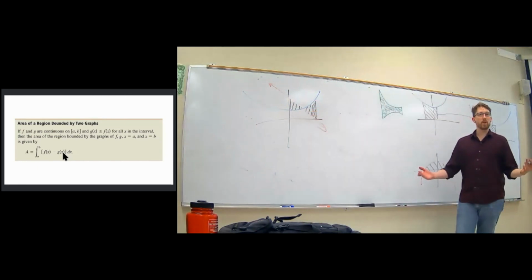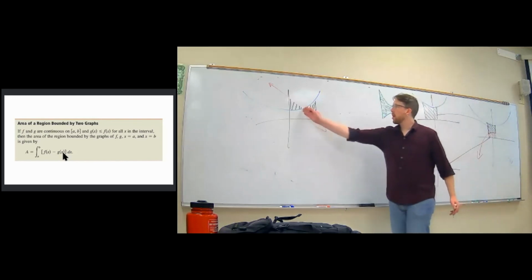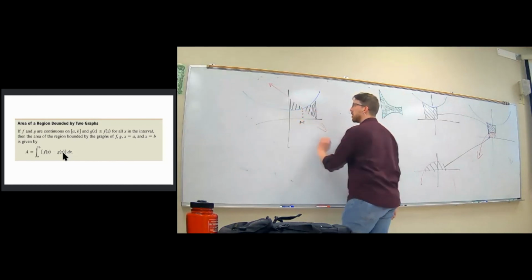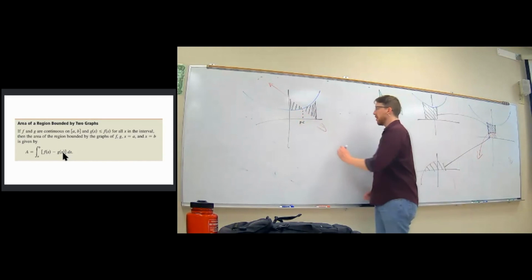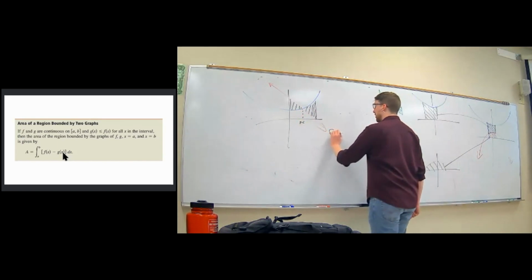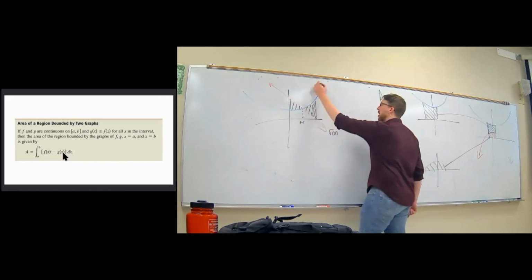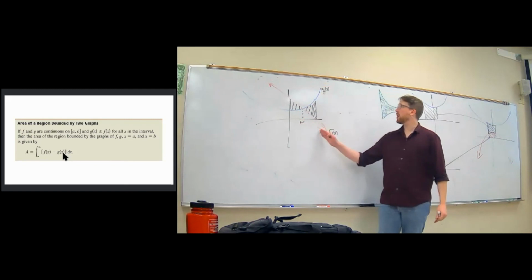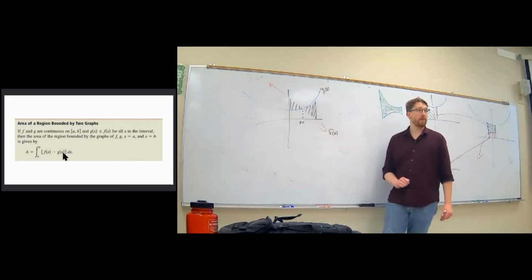Well, you would just break your interval up. You say, all right, up to this c value, f of x in red is greater than g of x in blue. And after it, g of x is greater than f of x.